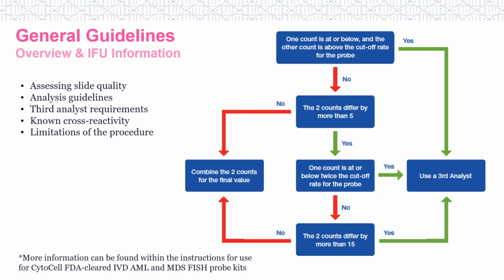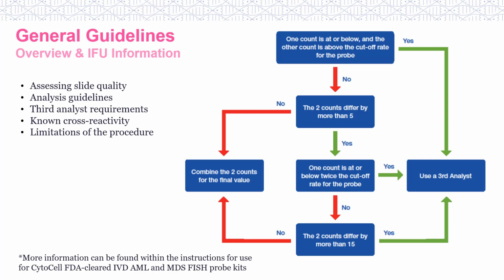For OGT's FDA-cleared CytoCell FISH probe kits for AML and MDS, our IFU recommendations state that 2 analysts should analyse each sample and independently score 100 different nuclei for oncological specimens. The analysts should follow the guidelines discussed earlier in this presentation and only analyse intact, non-overlapped or crowded nuclei.